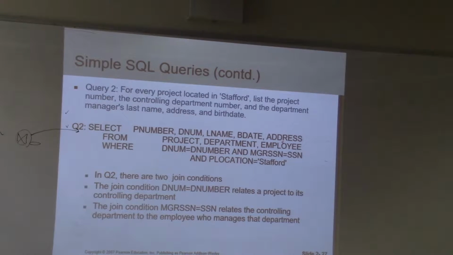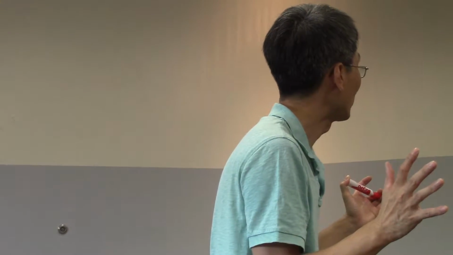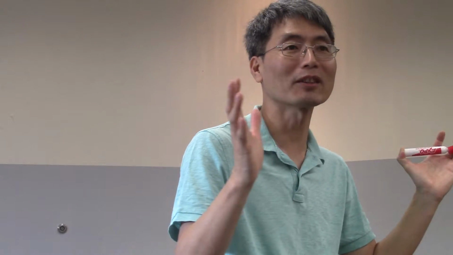Why? For example, we join 10 tables, but you put 8 join conditions. What's going on? It will be ambiguous. Cartesian product. Cartesian product is nothing but without a join condition. It's an all combination. So think about the Cartesian product.